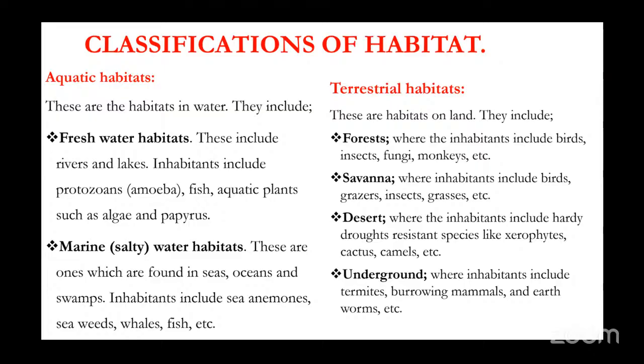They're what we call the freshwater. Such kind of organisms which can easily be found in this fresh water are the protozoa, the amoebas, these single-celled organisms, fish, and aquatic plants, for example, algae and papyrus.